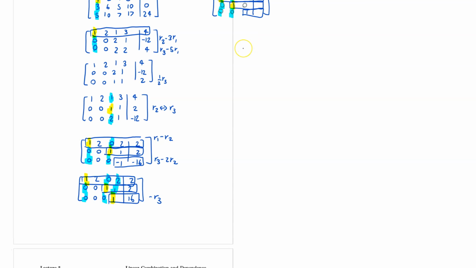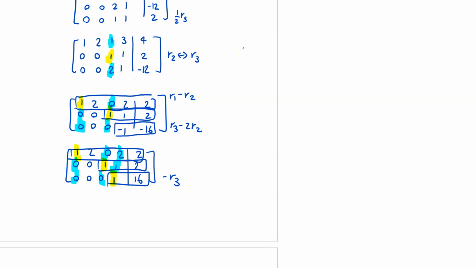So let me do that here. Now I'm going to do the same thing again. I'm going to subtract 2 times row 3 from row 1. So row 1 minus 2 times row 3 is going to be 1, 2, 0, 0, and then 2 minus 32 is going to be negative 30.